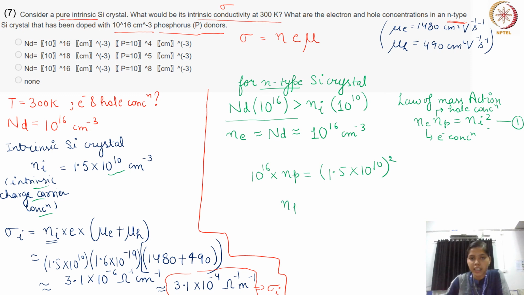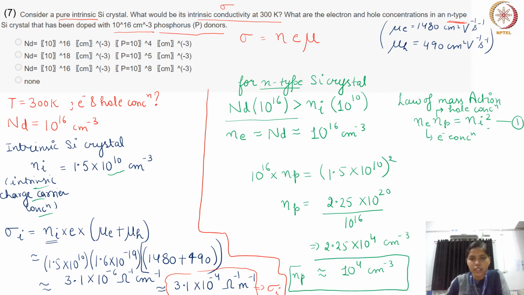So now from here we can calculate that it will give me 2.25 into 10 raised to the power 20 divided by 10 raised to the power 16, and that will be 2.25 into 10 raised to the power 4 per centimeter cube. And in terms of power we can write it like 10 raised to the power 4 centimeter minus cube. That will be my hole concentration in this n-type silicon crystal. So this is your electron concentration 10 to the power 16, and this is your hole concentration.